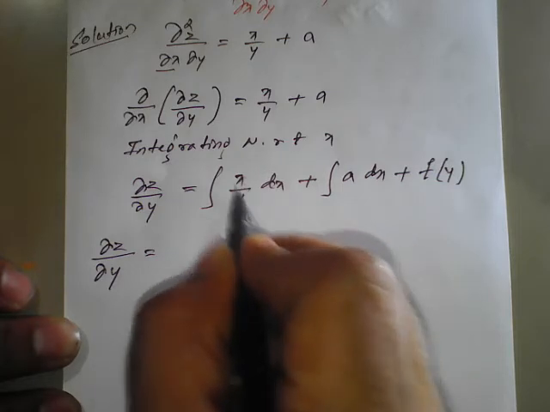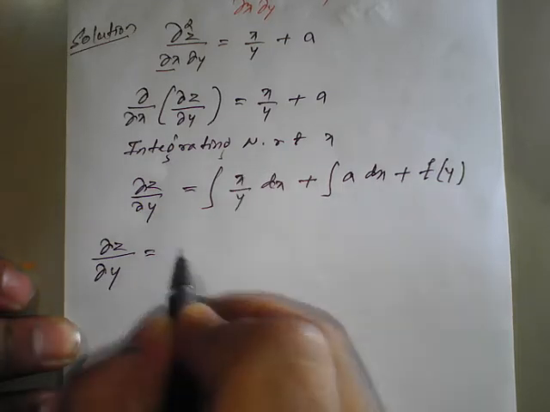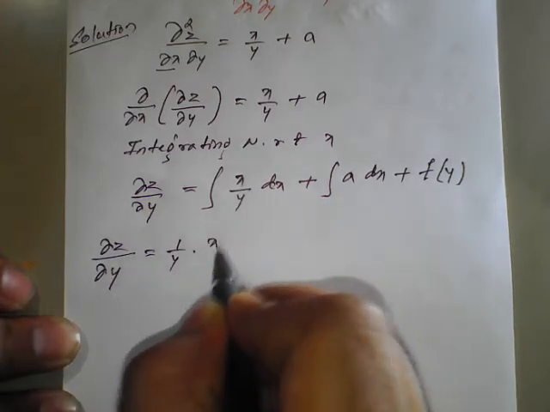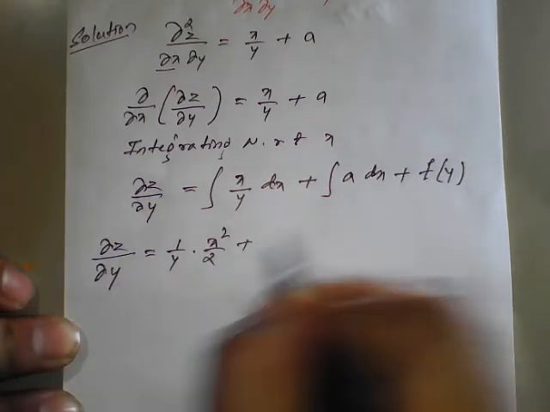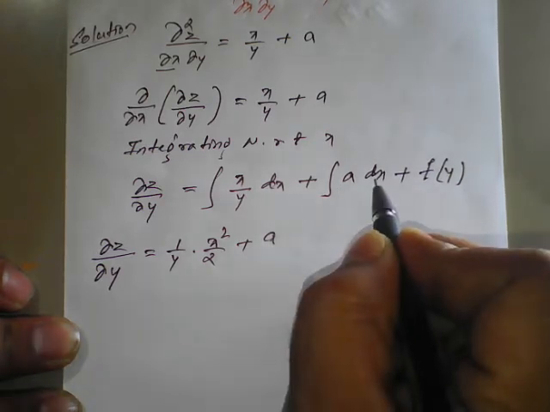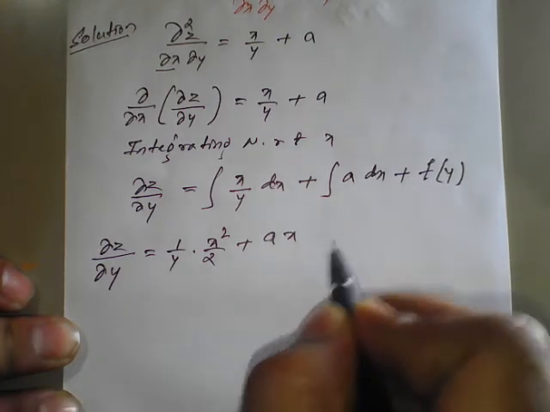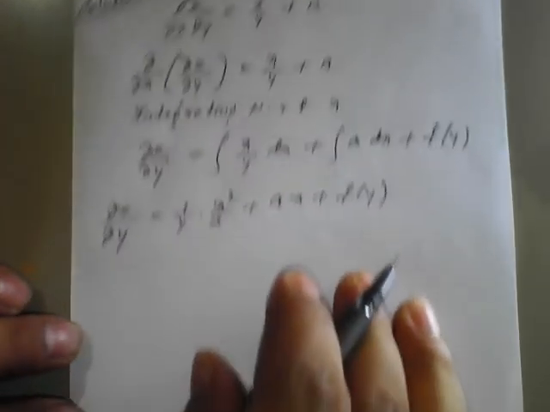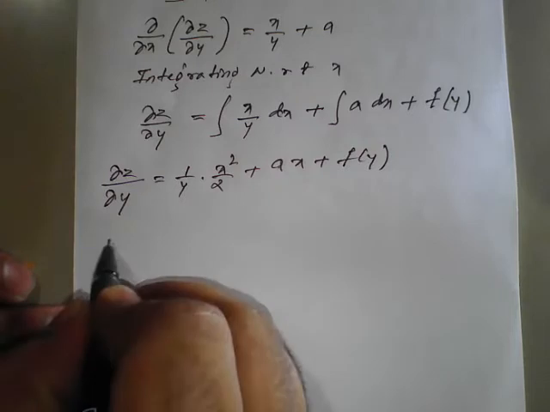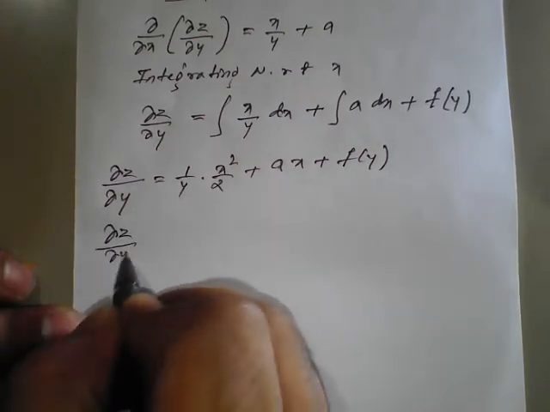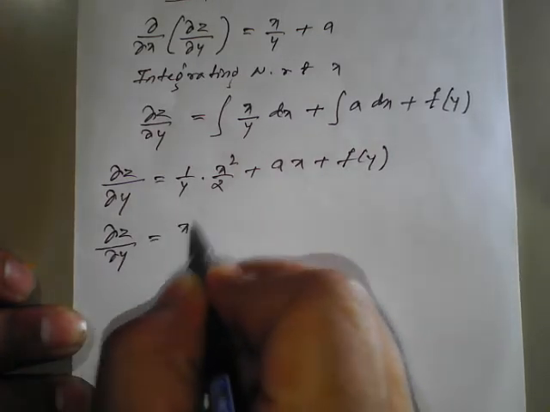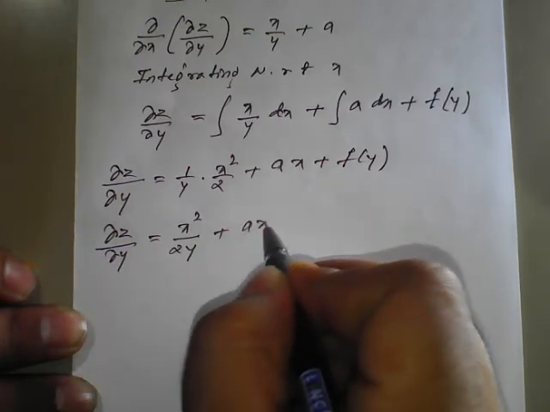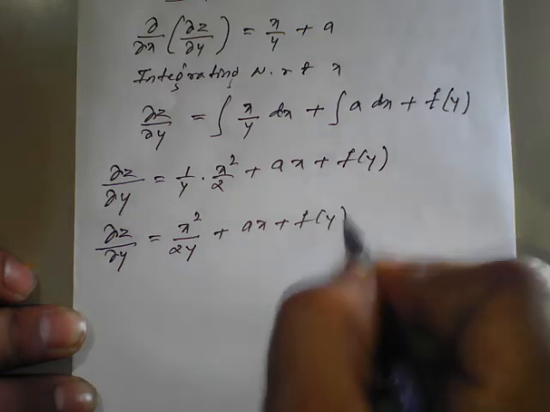Here we are integrating with respect to x means 1 upon y is a constant, integration of x is x square by 2, plus a is a constant, integration of a constant with respect to x is multiply x, plus f of y as it is. Rearranging, dou z by dou y is equal to x square upon 2y plus ax plus f of y.